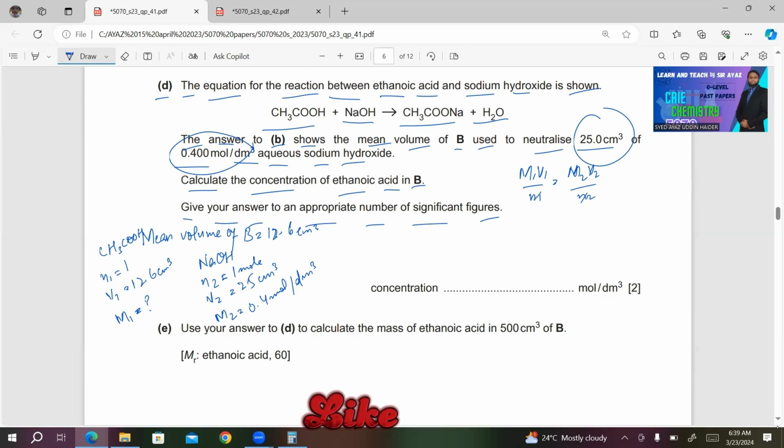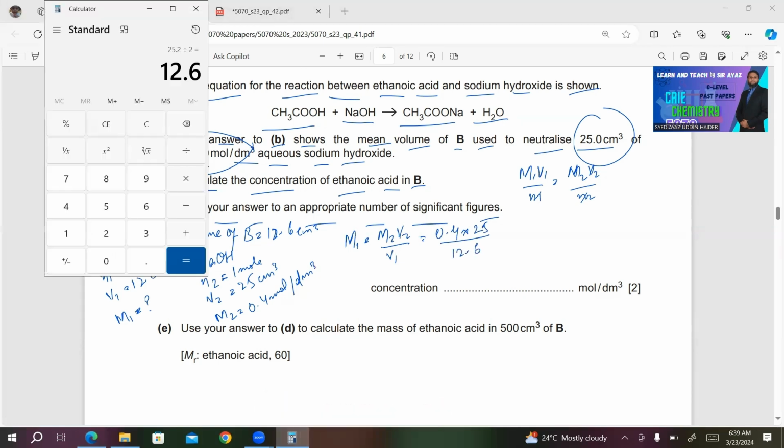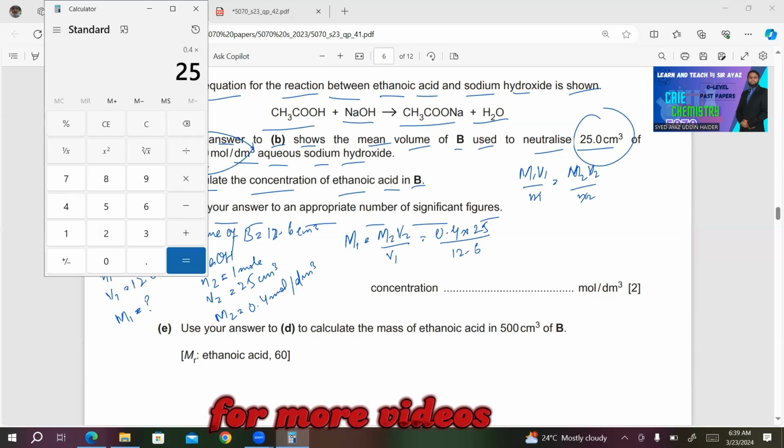We need to calculate M1. Rearranging the equation, we get M1 is equal to M2 V2 by V1. Placing the values, M2 is 0.4, V2 is 25. What about V1? V1 is 12.6. So 0.4 multiplied by 25 divided by 12.6.